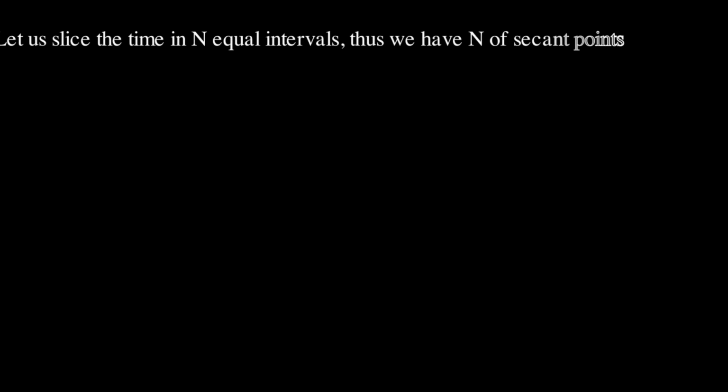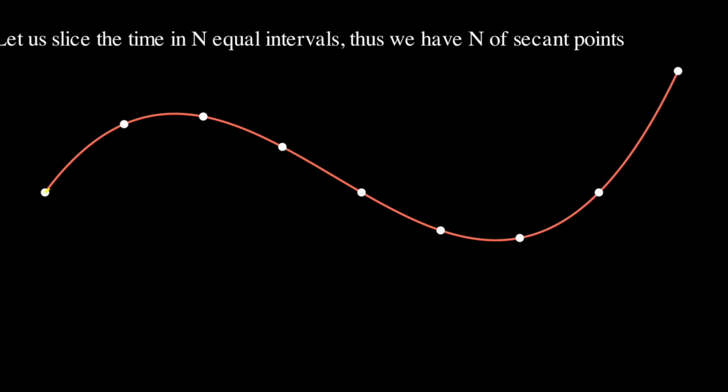And thus we will have to, of course, discretize our path into n secant points. And if we discretize our path, then we would need to discretize our path into lines, as you can see, or secant lines. And this is a basic idea when we approximate curves, as we remember from classical physics when we define the curve integral.